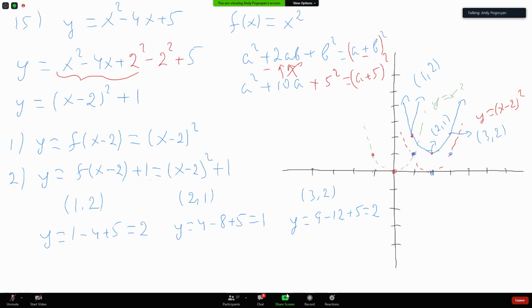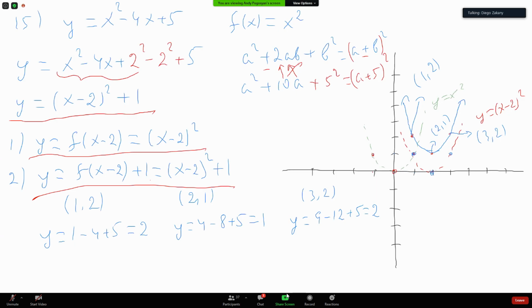Yes. x minus 2 goes instead of x, so instead of x squared you get (x minus 2) squared plus 1. That should match with this. So this is the first step, and then the second step. First you're shifting 2 units to the right, and then 1 unit up.